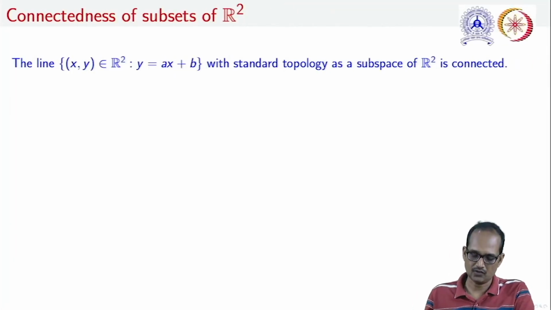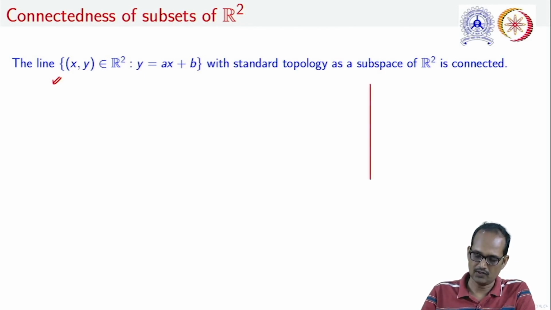Let us take the next example. This is the line, which is a subset of R2, and we can show that this line is also connected. So we are talking about the connectedness of this line, which is y is equal to ax plus b.